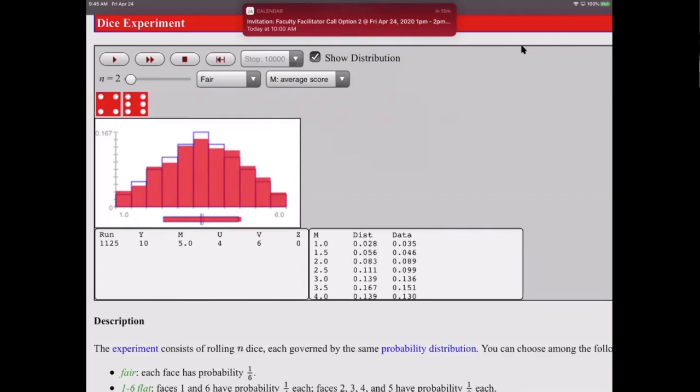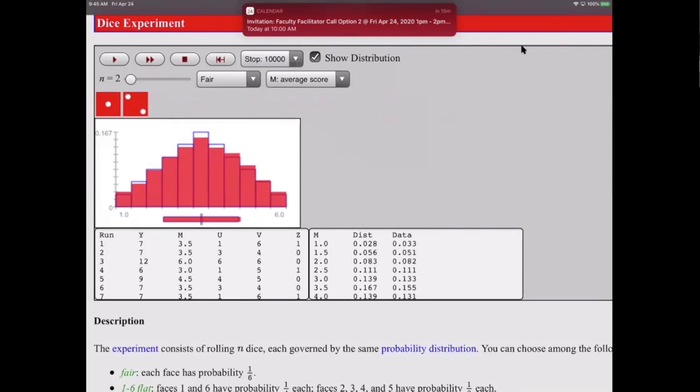We're over 1,000 rolls of 2 dice. So these aren't always flat distributions. If you do 2 dice and compute the average, it makes a triangular distribution, sort of a pyramid. I think that kind of proves the point. I'll just stop this one.